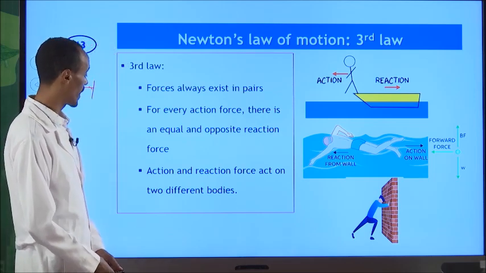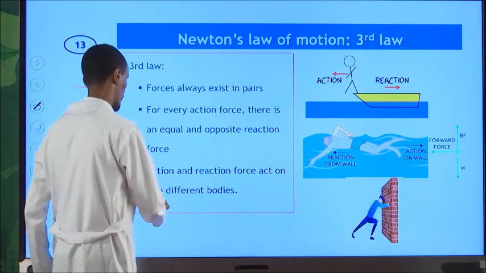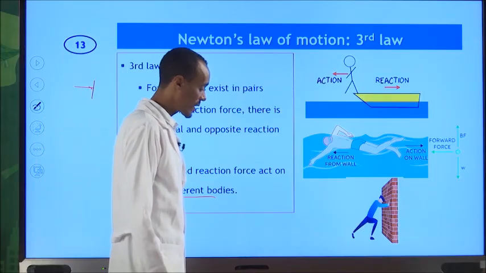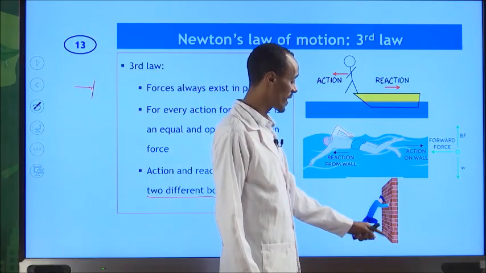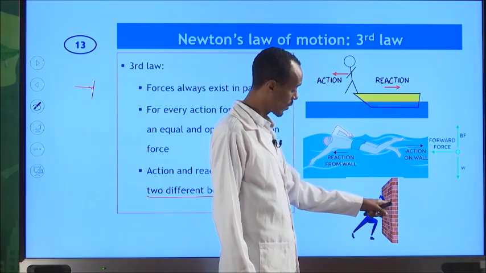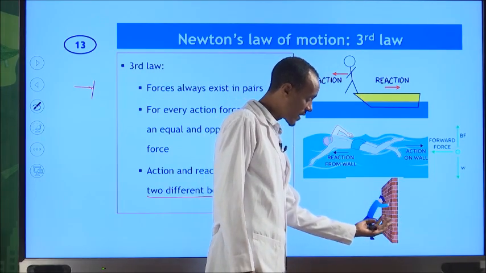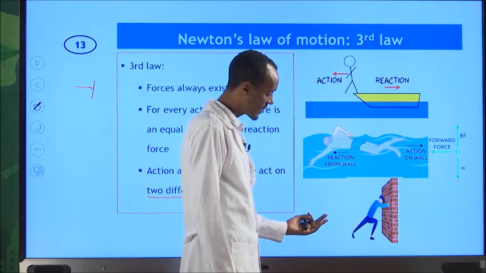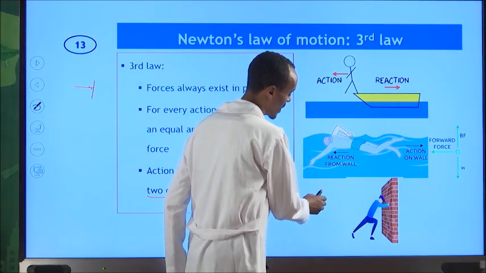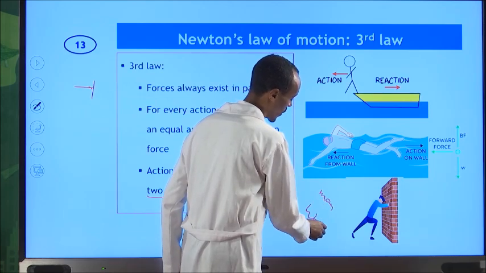What we have to know again is that the action and the reaction force act on two different bodies. When the man is applying the force here, the force is acting on the wall of the building. When the wall is applying the force backward, the force is acting on the man. So the two different objects are the man and the wall.